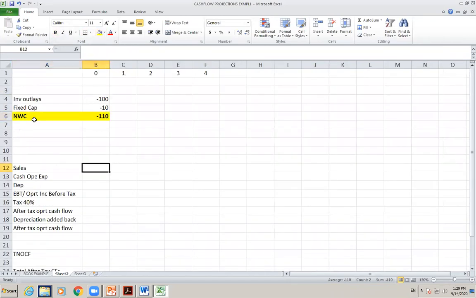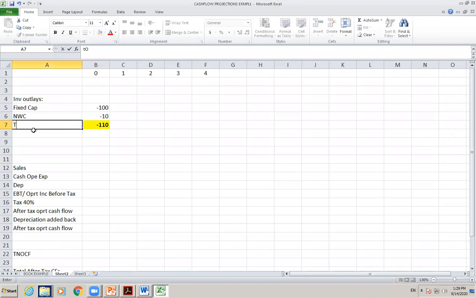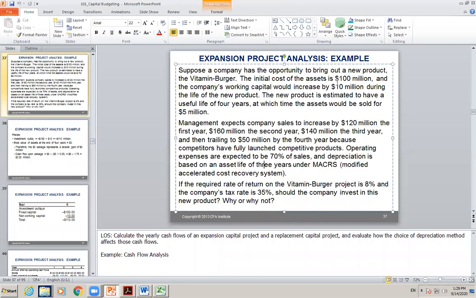Let me make it bigger. I'm sorry. Initial outlays, make it down there, like this. Our total investment cost is equal to 110 million from the information that I get here: 100 million plus 10 million.